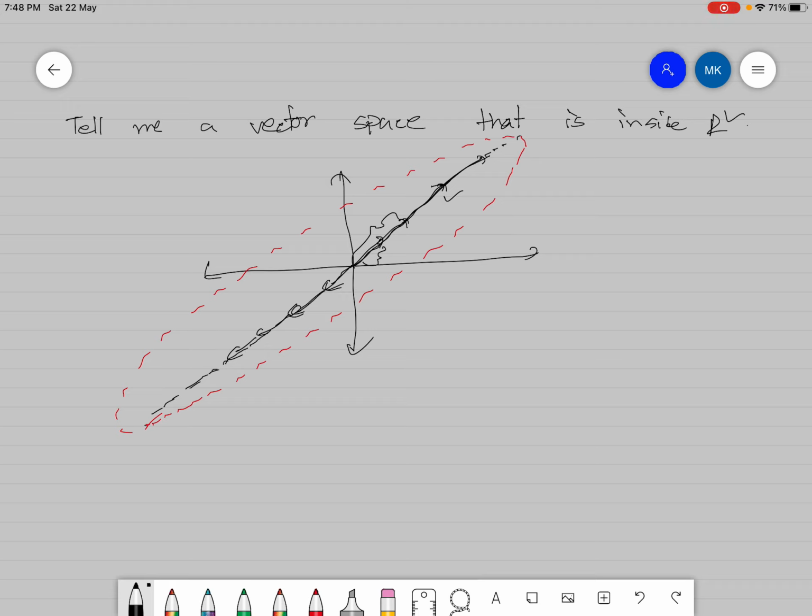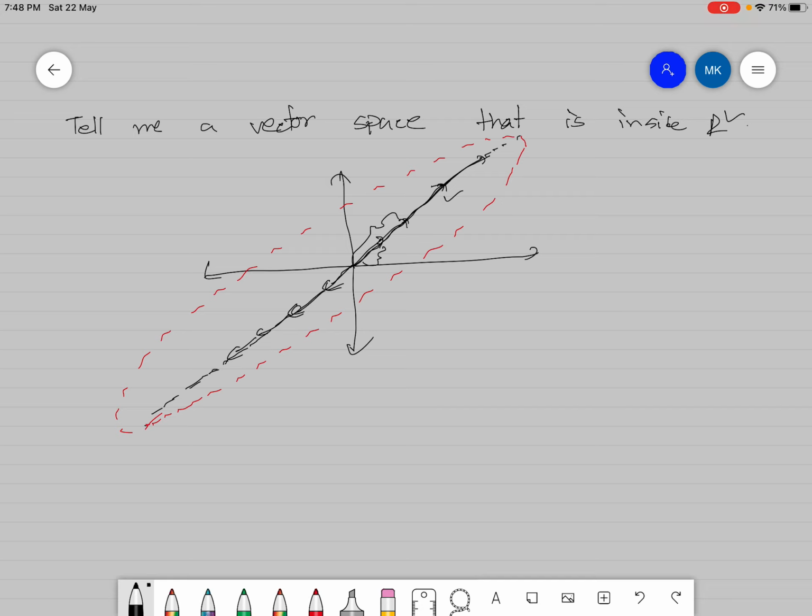So as you can see, this vector space inside R2 is closed by multiplication and addition inside its own space. So this can be called a vector space.